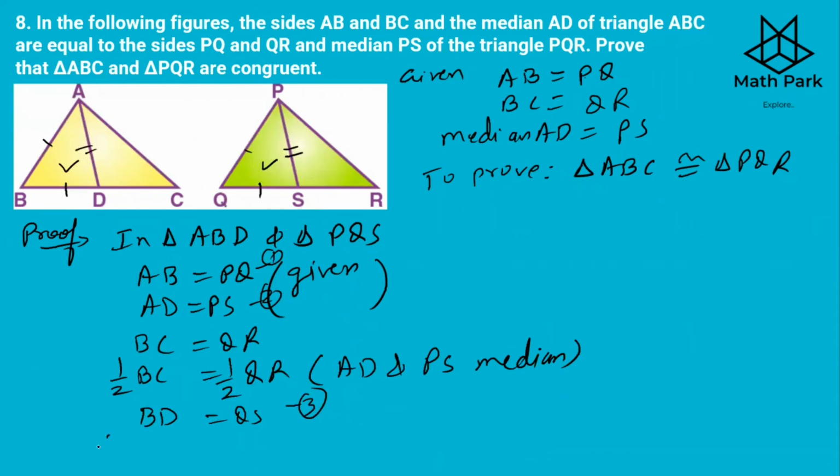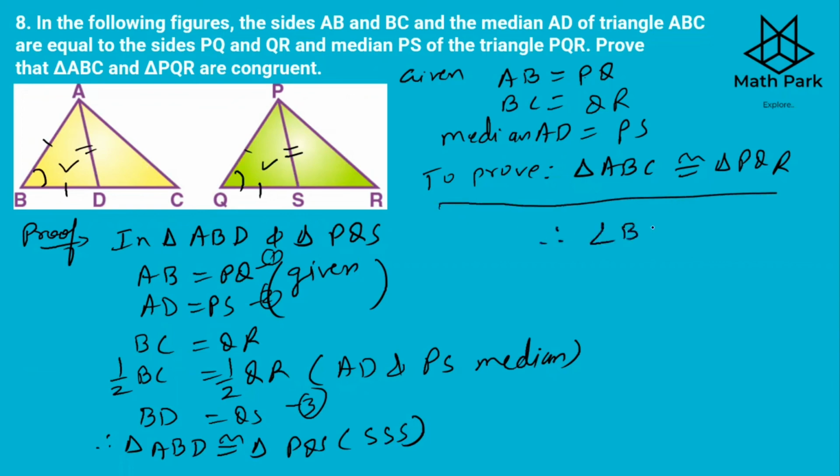So therefore you get triangle ABD is congruent to triangle PQS by SSS. And therefore you get angle B is equal to angle Q by CPCT. Now we start with triangle ABC and triangle PQR.